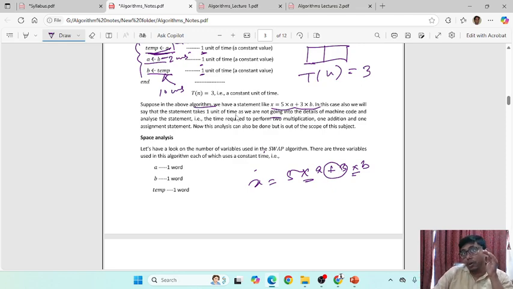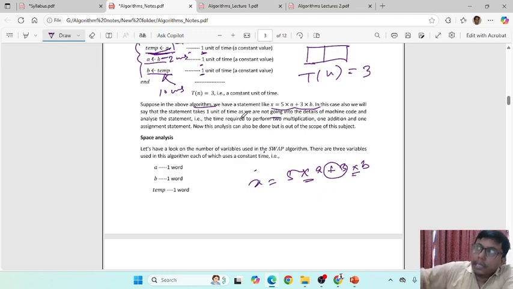We are not considering the equivalent machine language code generated from the programs developed from that algorithm, because it is outside the scope of this subject.